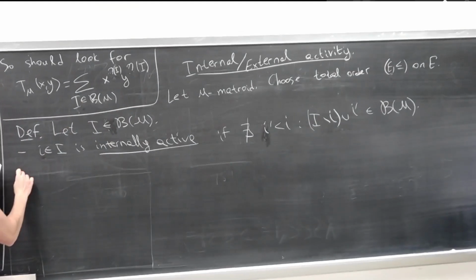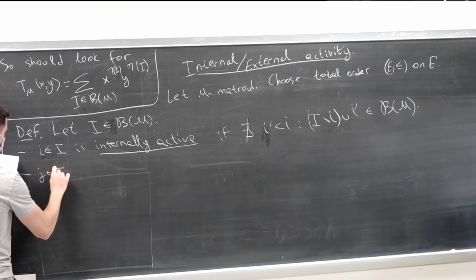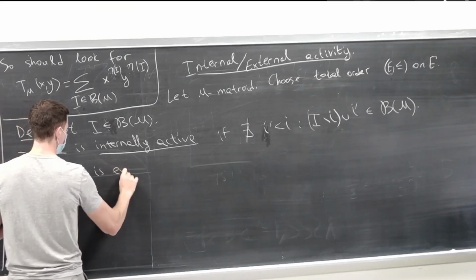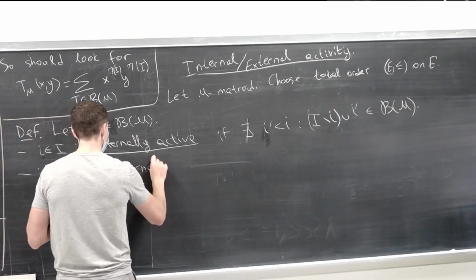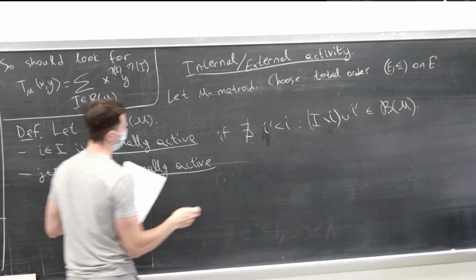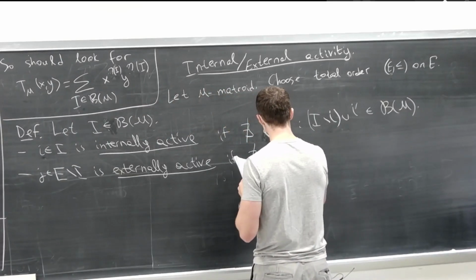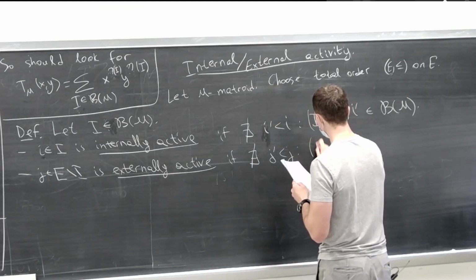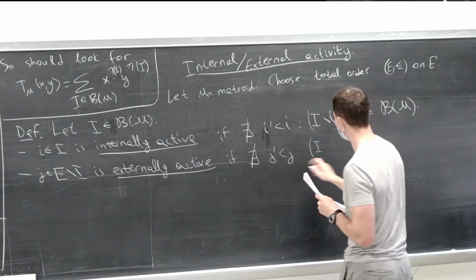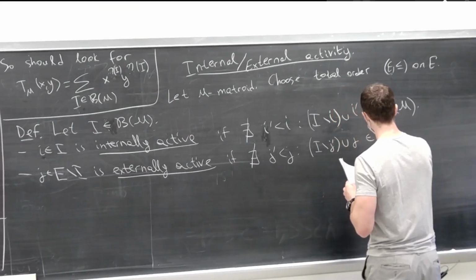And let me also mention the dual notion of external activity. Let's say you take an element j which is not in your basis, and I'm going to call it externally active if there is no j prime less than j such that, so j is already not in my basis, I remove j prime, add j, and get a basis.